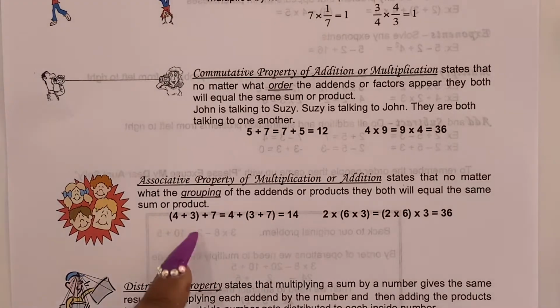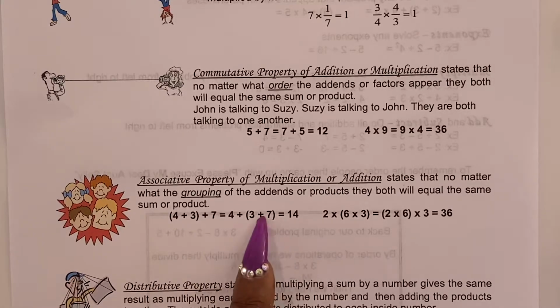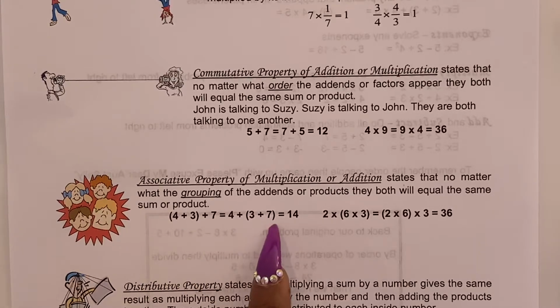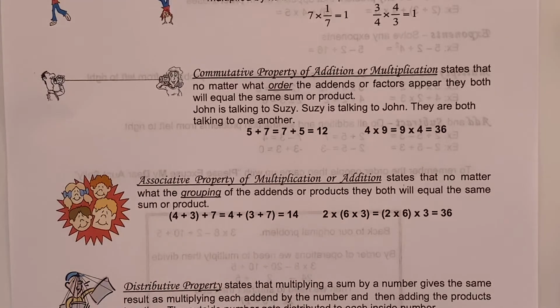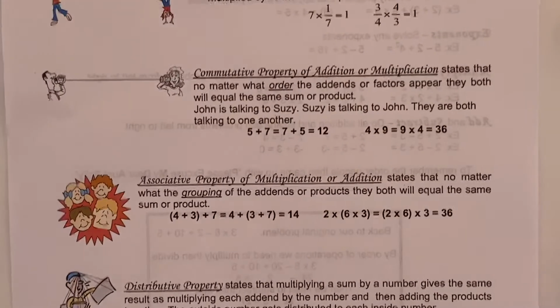So no matter what type of grouping I do, they're going to give you the same sum, the same answer. I put my parentheses around 4 and 3 here. I put my parentheses around 3 and 7 here. But it does not change that this equals 14 and this equals 14. Okay?